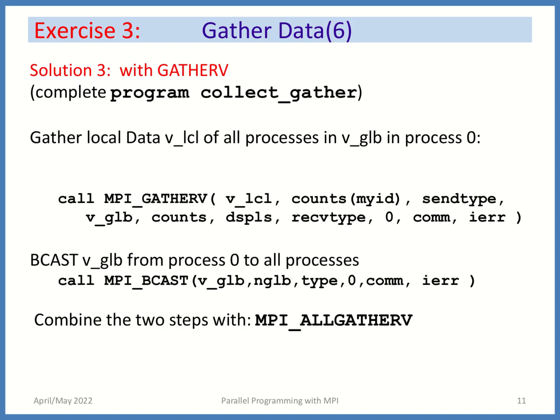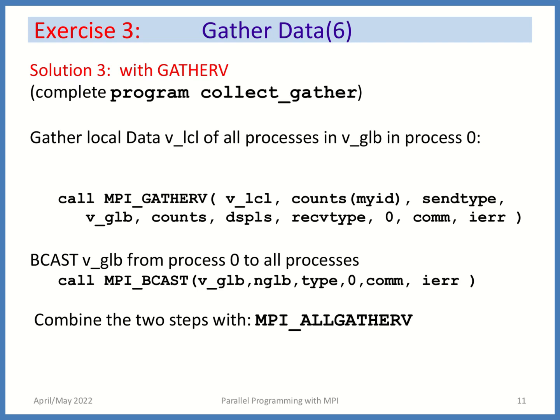And then you receive the global part, and you have to give as arguments also the counts array and the displacements array. Then this would gather all the local parts on the root process 0, and then you have to broadcast this global vector to all other processes with a broadcast from root 0.